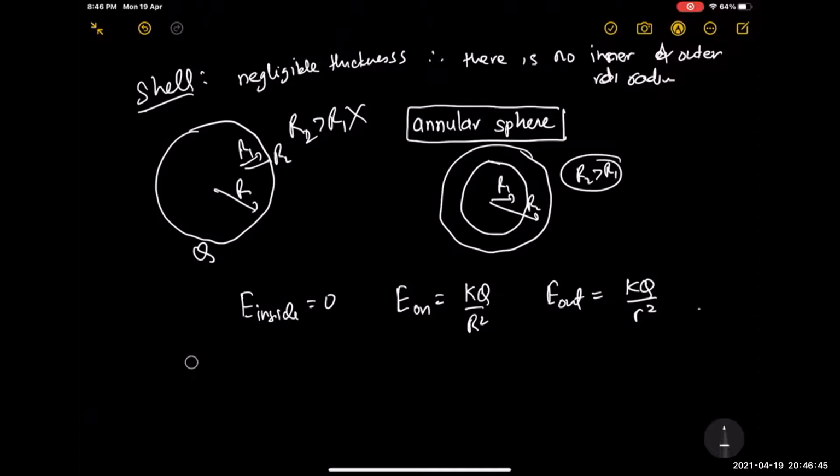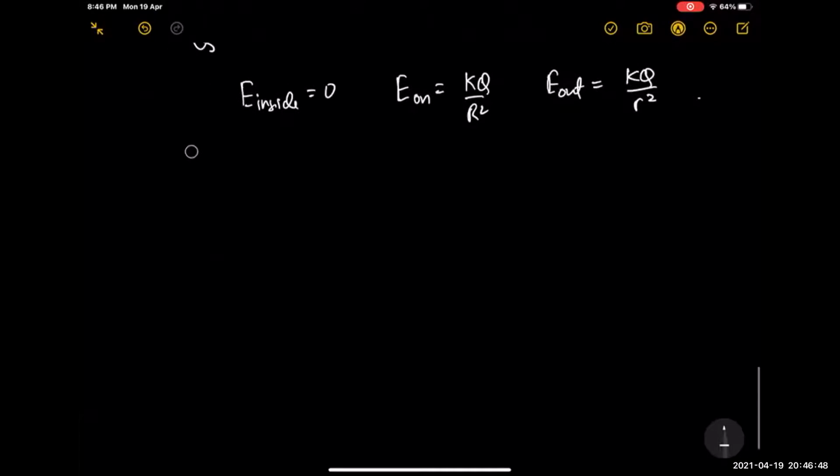So for both, see the cases, the result is same.